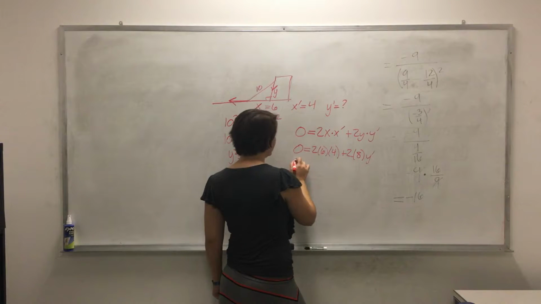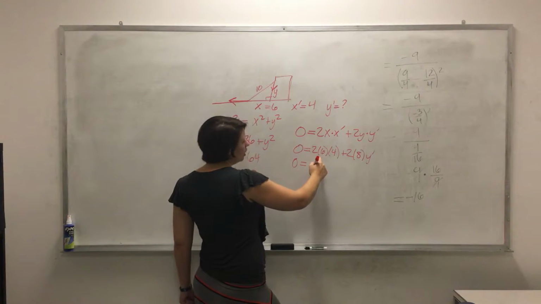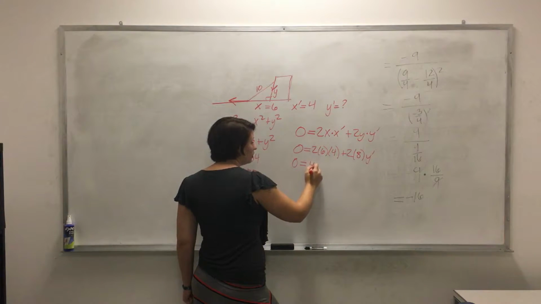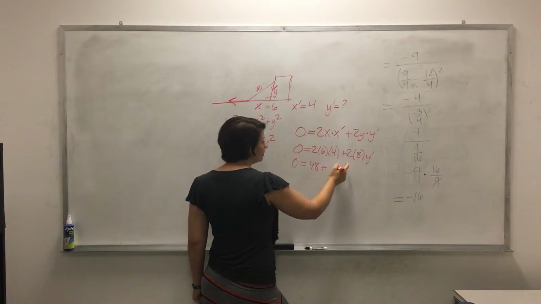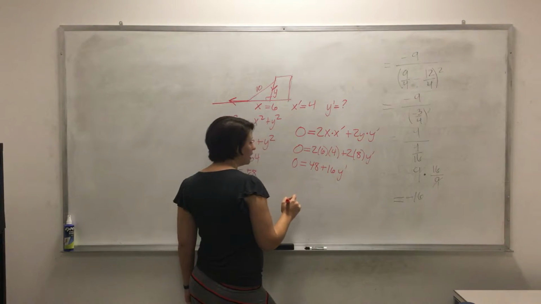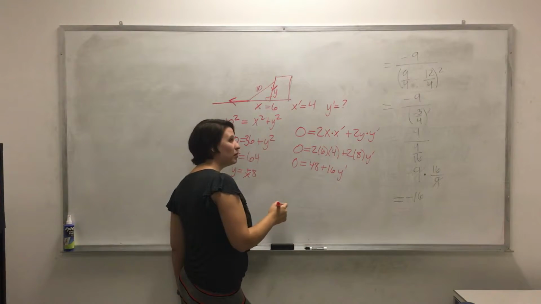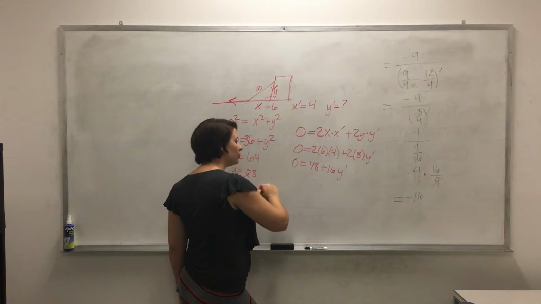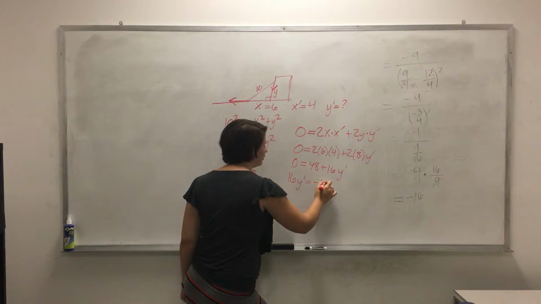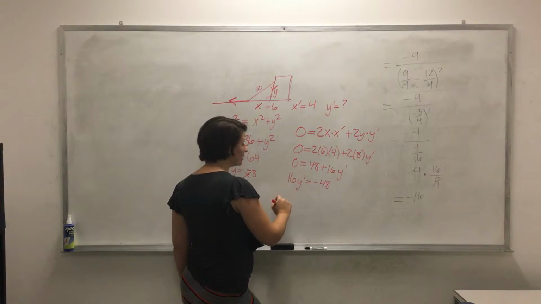y prime. So 0 is equal to 2 times 4 is 8, times 6 is 48, plus 2 times 8 is 16, y prime. Solve for y prime. So subtract the 48 over. 16y prime is equal to negative 48 divided by 16.